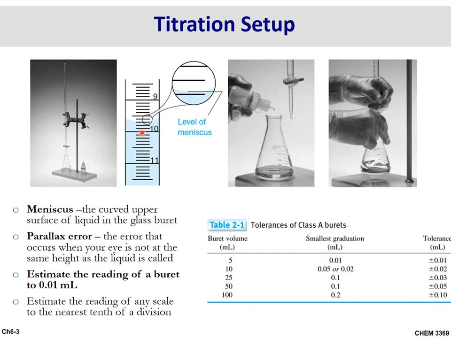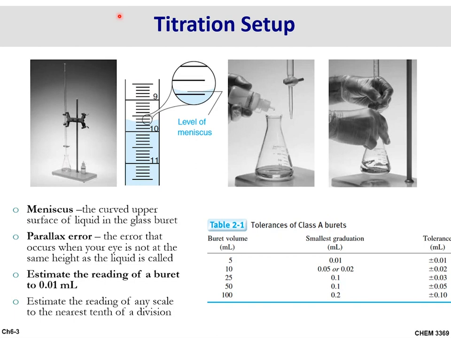And I did say that before, I believe, but always estimate the reading of a burette to the nearest tenth of the scale division. Okay, so on a 50 milliliter burette, the smallest graduation is 0.1, or 1/10 of a milliliter. So that short line indicates 1/10 of a milliliter.